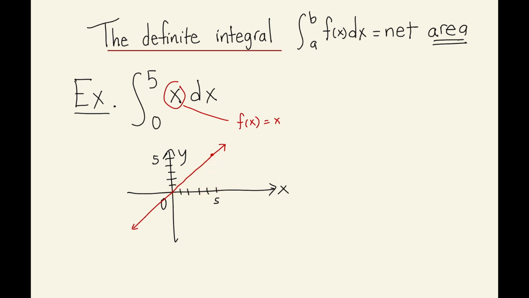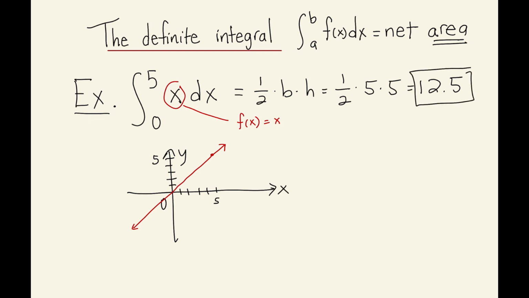So in order to calculate the definite integral, I would just say that this is 1/2 times base times height. So that's 1/2 times 5 times 5, which is 25 divided by 2, which is 12.5. And I would be done. That would be my definite integral. And notice that that triangle was above the x-axis, so that is going to be a positive area.